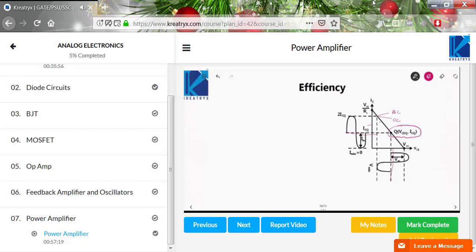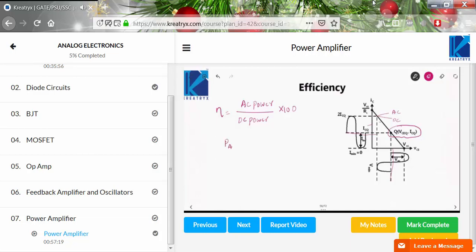Now from this figure I can calculate the efficiency. What is efficiency actually? Efficiency is nothing but AC power by DC power into 100. So what is the AC power actually?